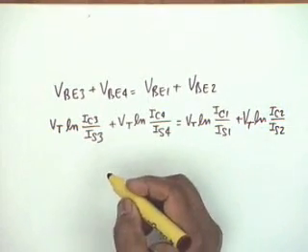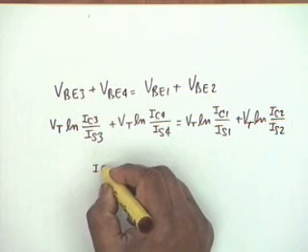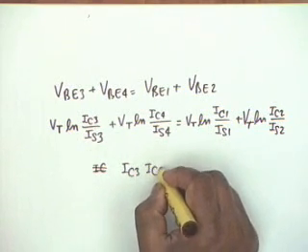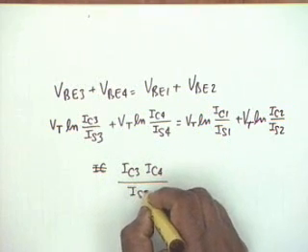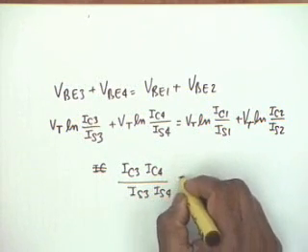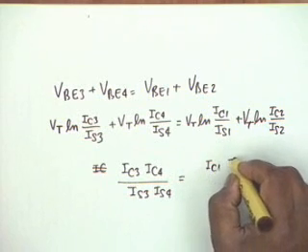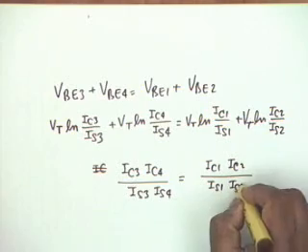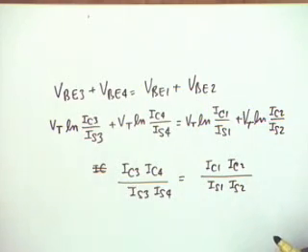And if I combine, you can see that IC3 IC4 divided by IS3 IS4 is equal to I sub C1 I sub C2 divided by IS1 IS2. Okay, very simple equation. You get rid of VTs, you get rid of the logs.